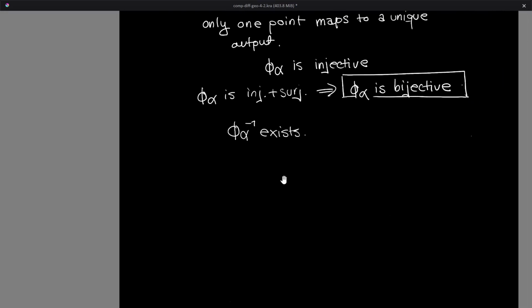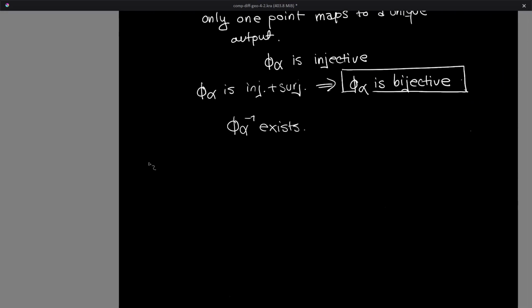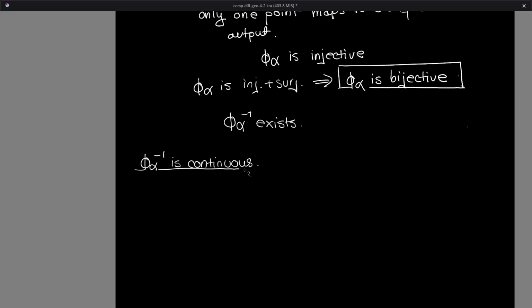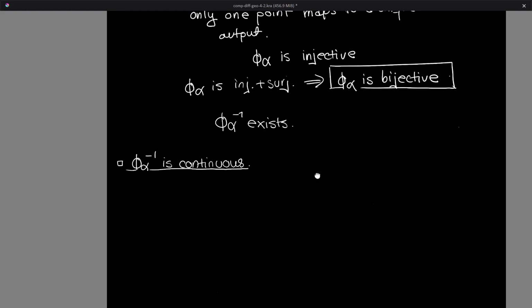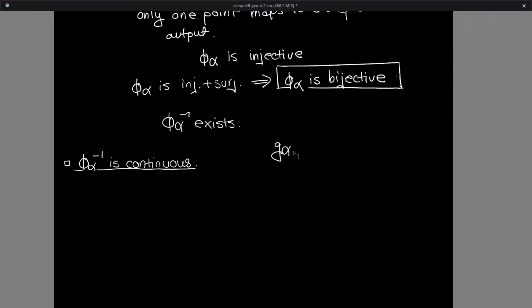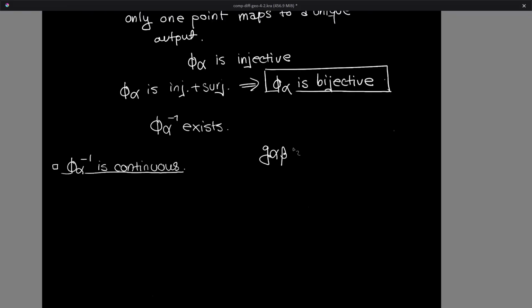Because then the last thing we want to do is prove that phi alpha inverse is continuous. Remember, the reason why we're doing this is that we want to prove that g alpha beta is the transition map.